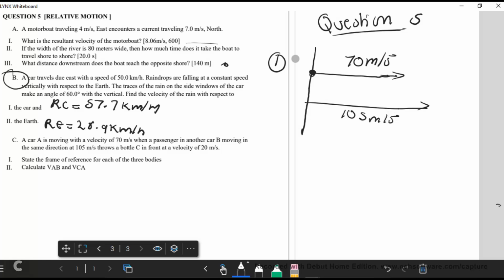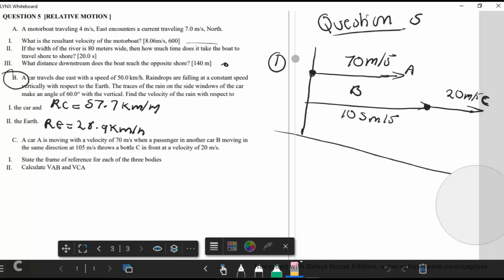Then someone threw the bottle, which is C, at what speed? At 20 meters per second. So this is the frame of reference, just like that.